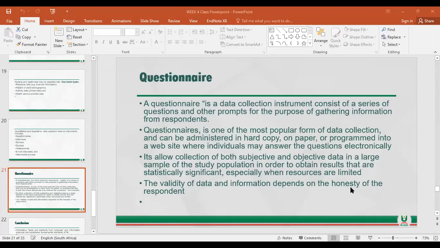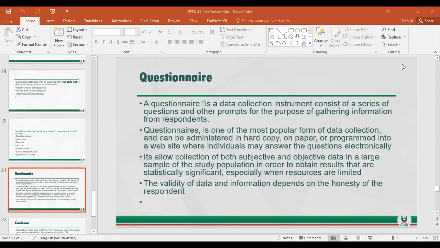It allows collection of both subjective and objective data in a large sample of the study population in order to obtain results that are statistically significant, especially when resources are limited. The validity of data and information depends on the honesty of the respondents.